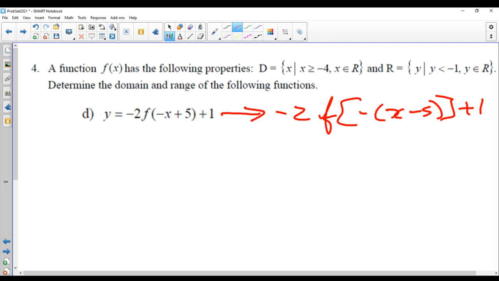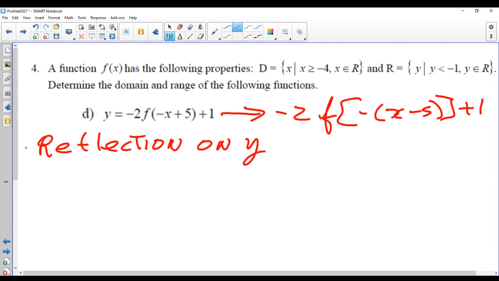So I need that list now. Shreyash has some parts of the list. Shreyash, go ahead. Reflection on the y-axis. I agree. Lots of stuff going on here. Reflection on the y. That's one.